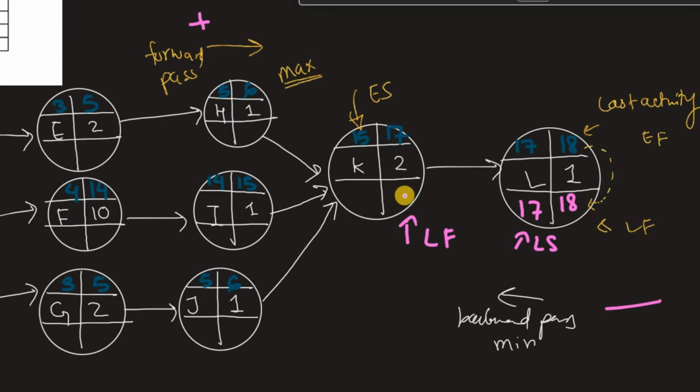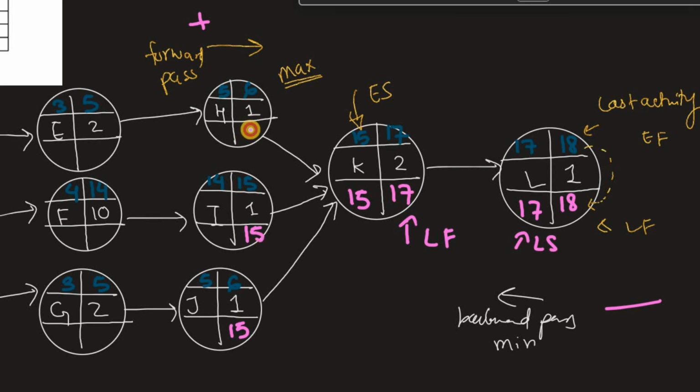Just like that, the latest finish is going to be the latest start of the previous activity. So that is 17, and again we subtract the duration because we're doing the backward pass. So 17 minus 2, that's 15. For this one we look at the latest start of this one, so it's going to be the latest finish of this one.